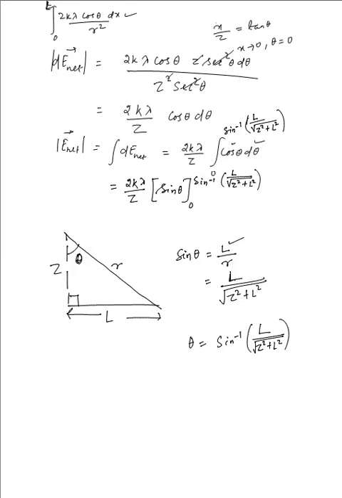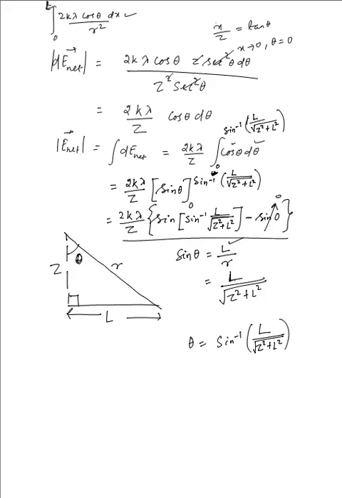Now, this gives me 2k lambda divided by z times sine of sine inverse of L divided by the square root of z square plus L square, that is the upper limit over here, minus sine of theta at the lower limit, which is 0. Sine 0 goes to 0, as you know.